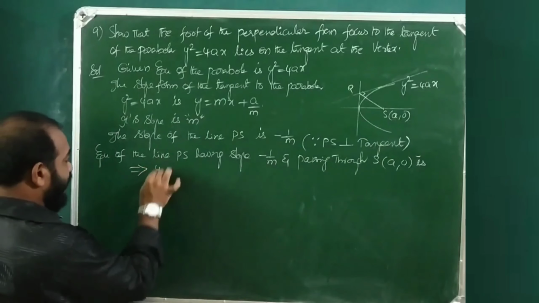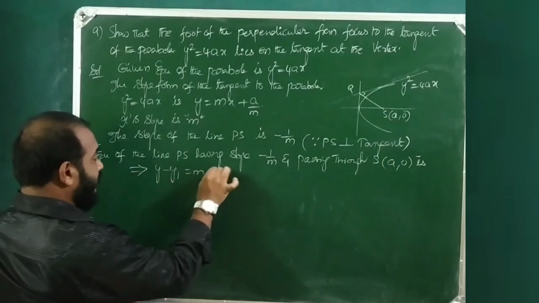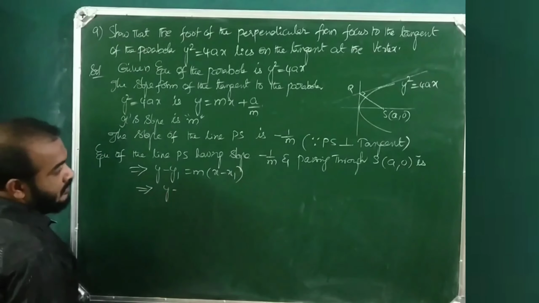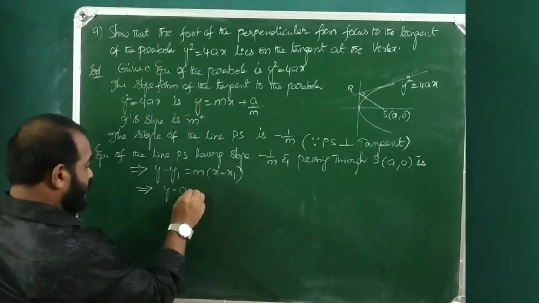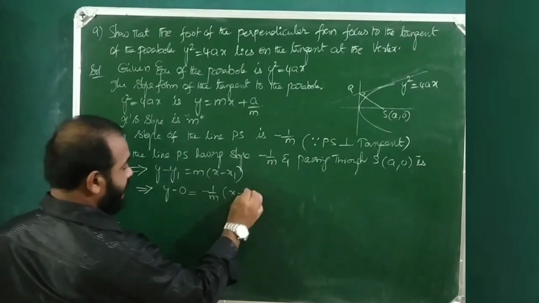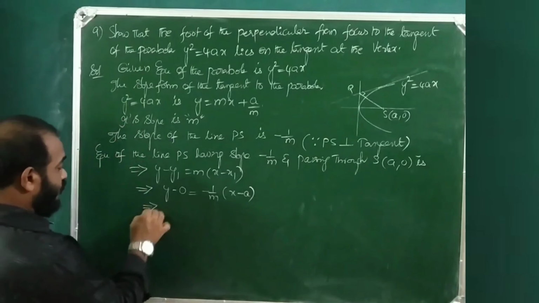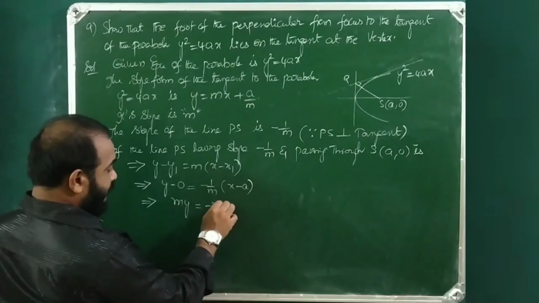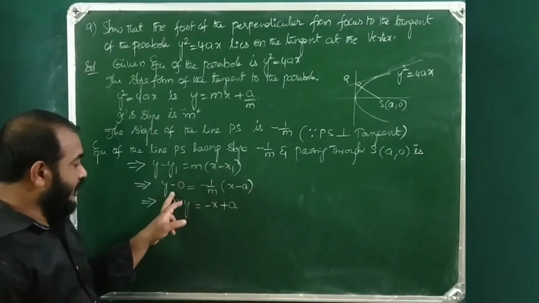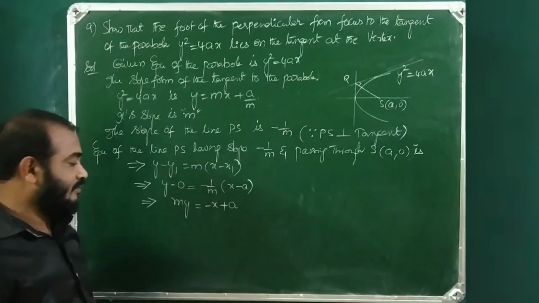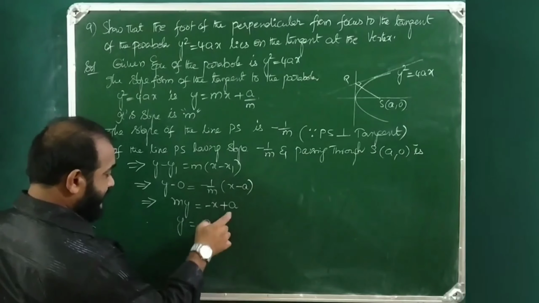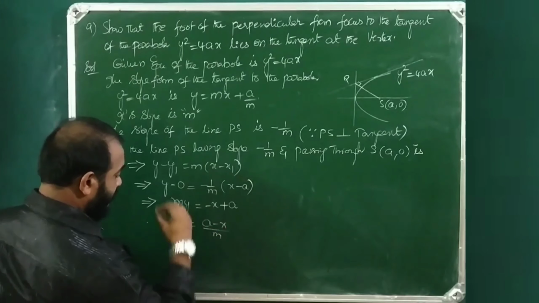Y minus y1 equals to m into x minus x1. So y minus 0 is equals to minus 1 by m into x minus a. So my is equals to minus x plus a. So therefore this is y is equals to a minus x by m.